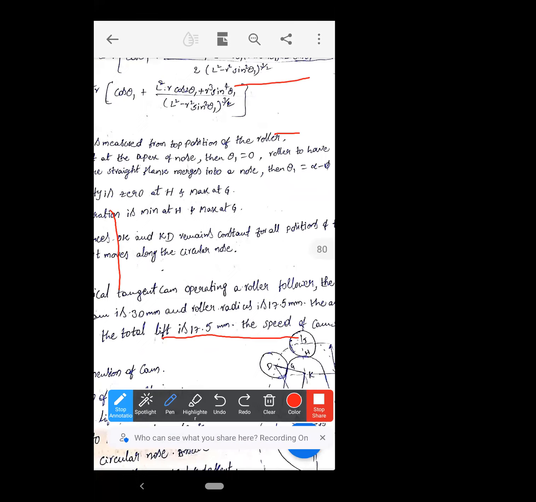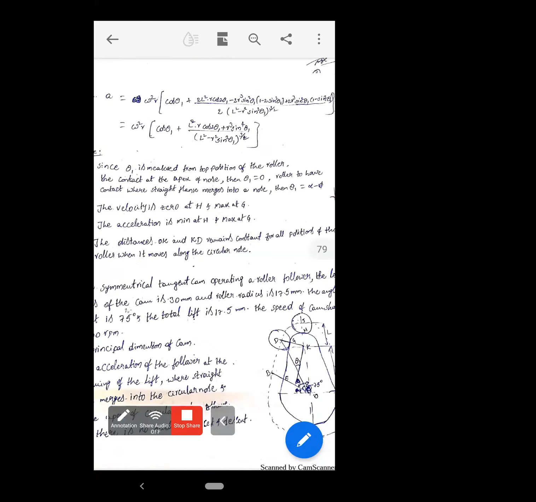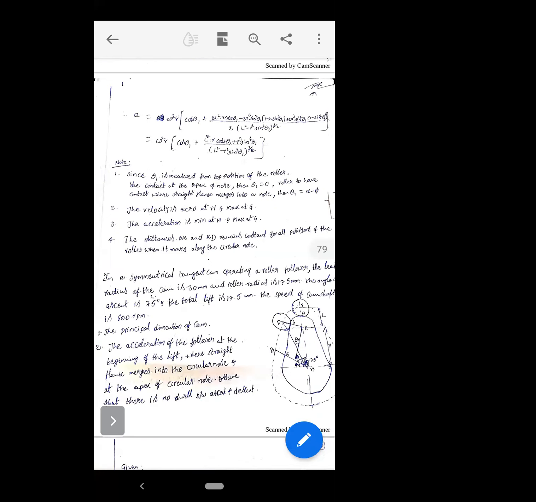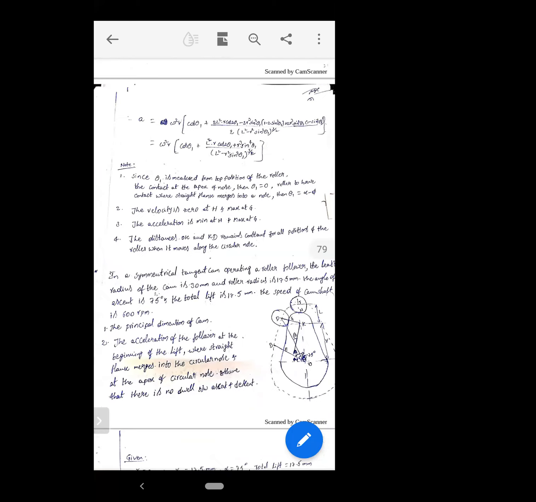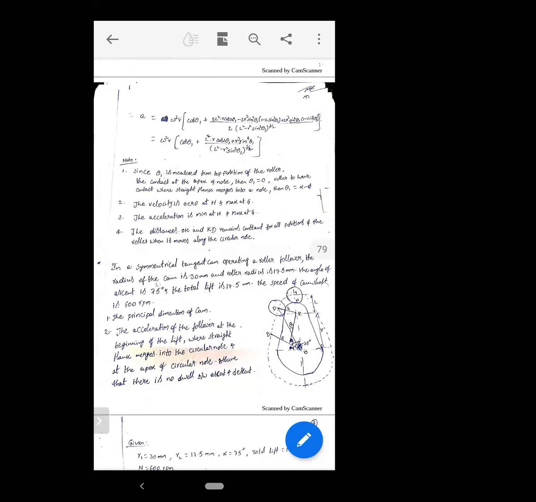Similarly, the acceleration is minimum at H and maximum at capital G. The distances OK and KD remain constant for all positions of the roller when it moves along a circular nose.